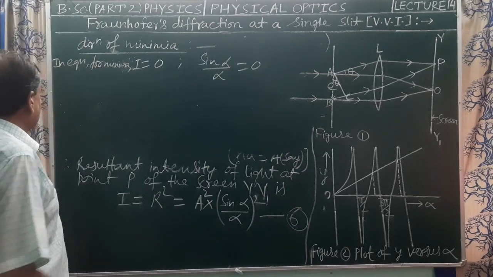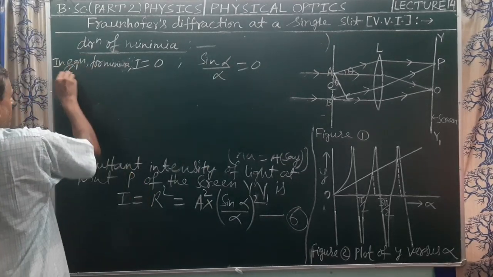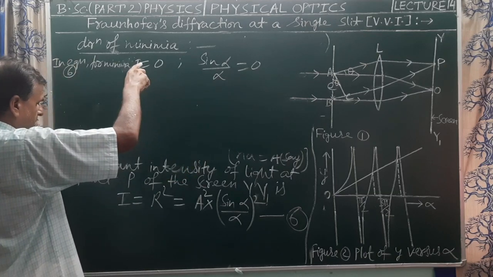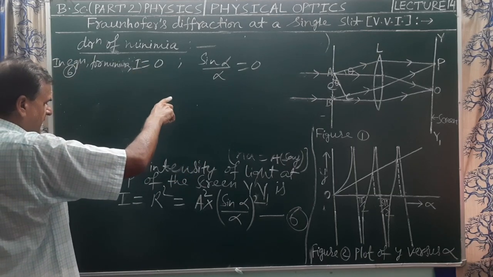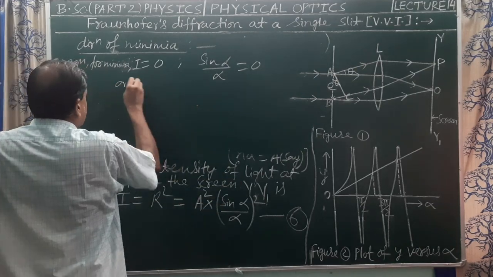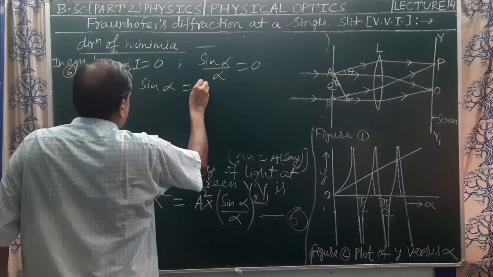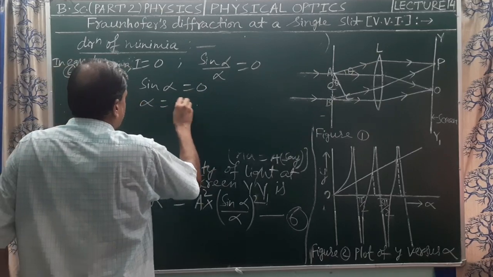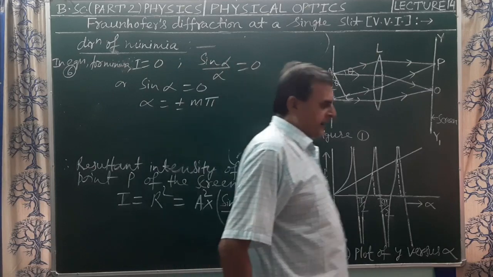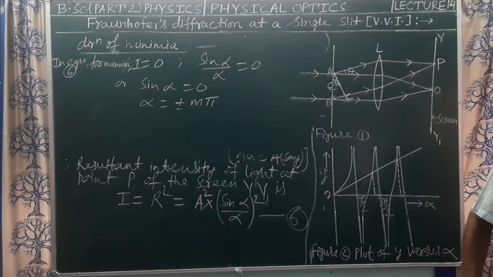So from equation 6, the intensity of light at point P will be minimum, that is I is equal to 0, when sin alpha by alpha is equal to 0, or sin alpha equals 0, that is alpha equals plus minus m pi, where m has integral values except m equal to 0.